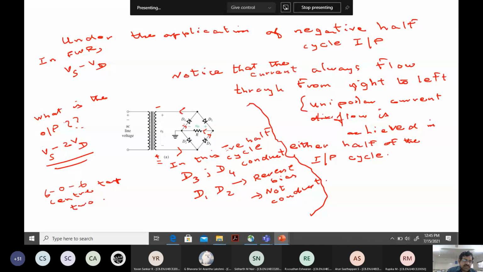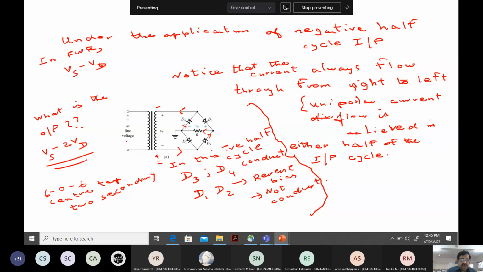Only one secondary will be used at any half of the cycle, so the other is not utilized. Whereas here, for the same number of turns, we can get 6 volts. We can easily get it without using the center tap transformer.